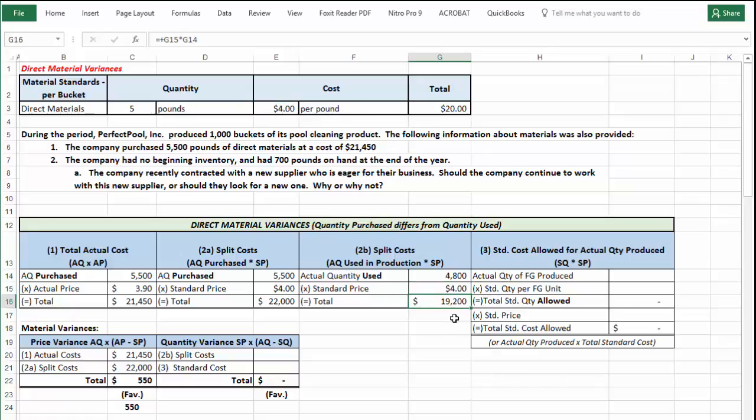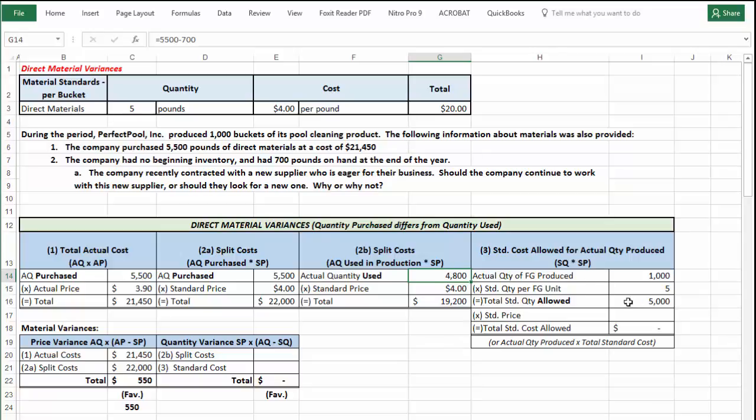is $19,200 had we used those pounds at the standard price. Let's see how many pounds we were really allowed to use. We produced 1,000 buckets of this product, and we were allowed to use 5 pounds per bucket of material. So we were allowed to use 5,000 pounds, and in actuality, we used 4,800 pounds.